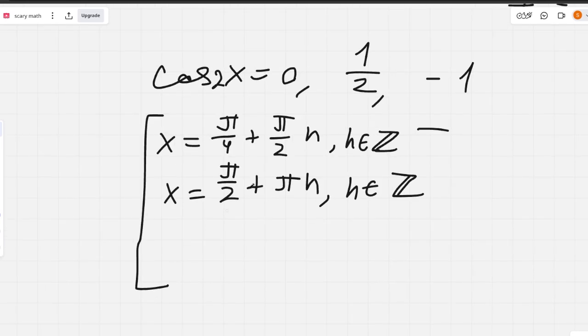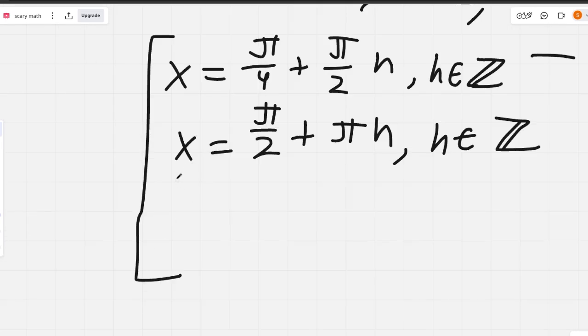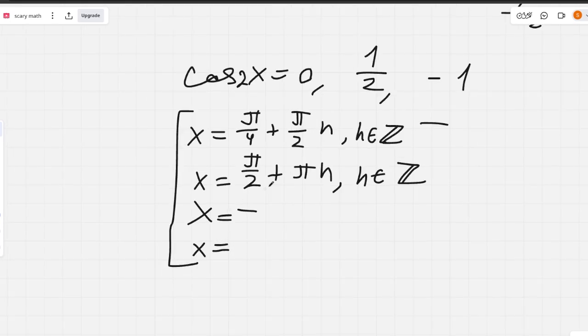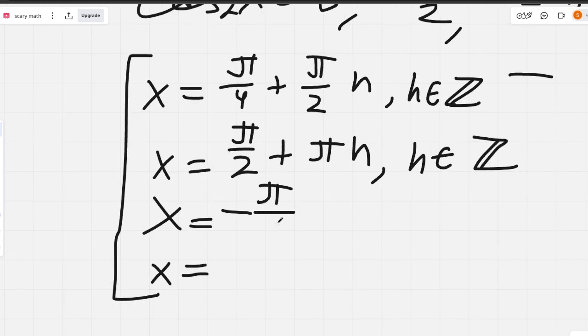And now we have the 1/2, which involves two solutions here. Here we have negative, this would normally be pi over 3, but we divide by 2, so negative pi over 6. Here we have positive pi over 6. And then it's going to be added a cycle. And since we divide by 2, it's going to be pi n plus pi n.